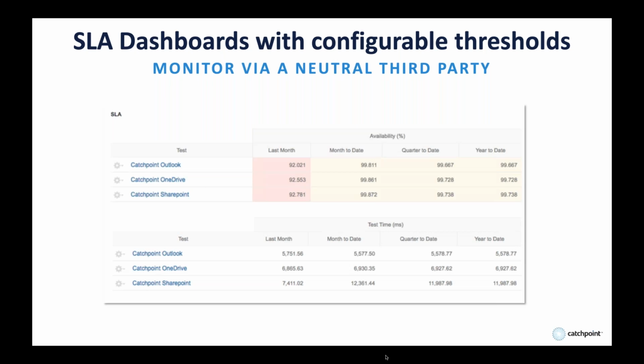So this is a service level management dashboard that can go back and look over time at what the availability and performance was by month, by quarter, by year to date, and all of this is obviously very customizable and color coded, so when things go bad they turn red, obviously.